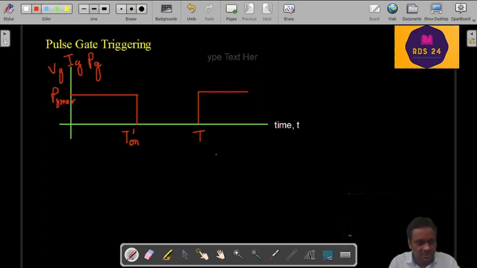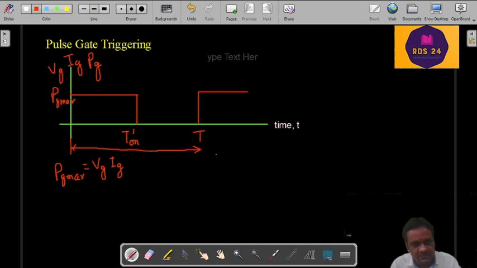PG max is equal to VG into IG. If we are going to calculate the PG average for one cycle, this is one cycle.